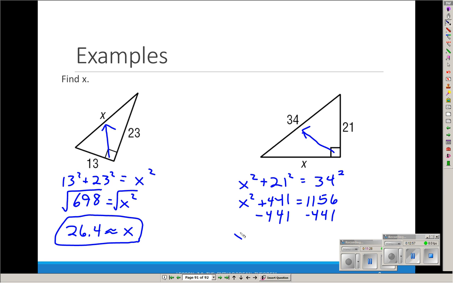And x squared is 715. Square root each side. And x is about 26.7. Just remember when you set these up, c is the biggest number. It's the hypotenuse.